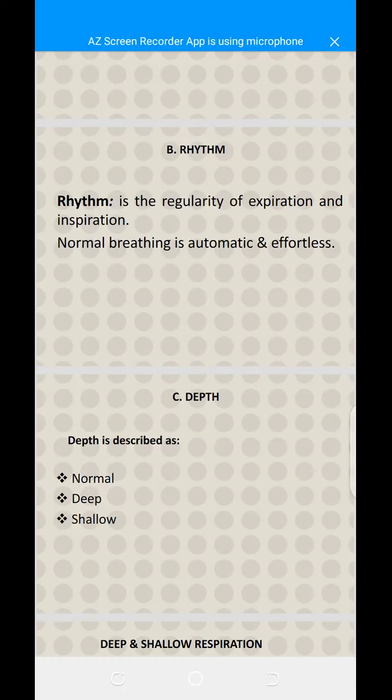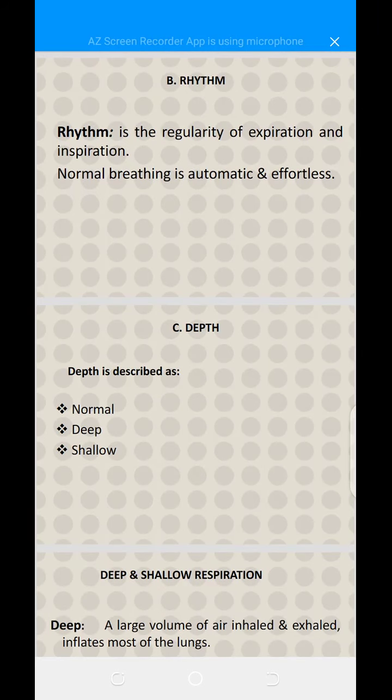It is good for every normal respiration to be automatic, effortless, and regular. If there is any irregularity in the inspiration and expiration of the air, it is also a sign of a problem. Normal breathing is automatic and it should be effortless. It should be without any noise.